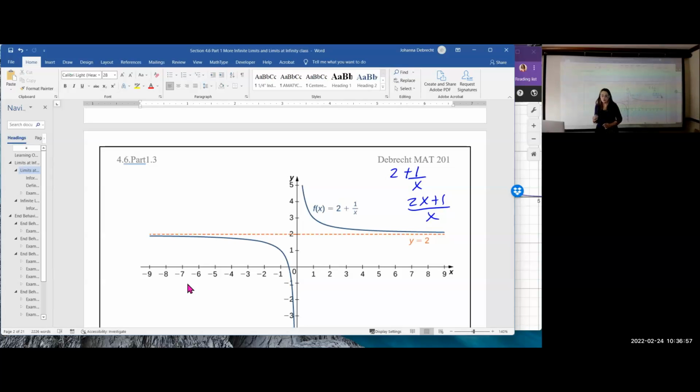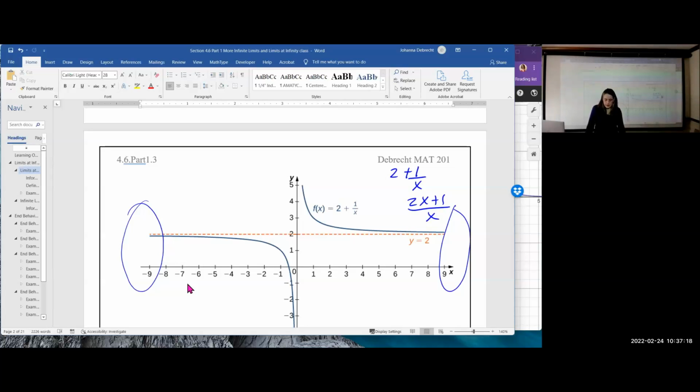We call this a horizontal asymptote because it's drawing in the y values, but on the end behavior. And by end behavior, we mean the ends of the picture, the far left and the far right. So the end behavior on this one is that it has a horizontal asymptote at 2.